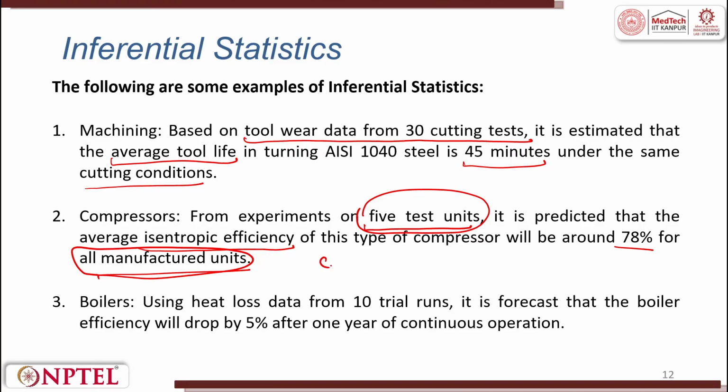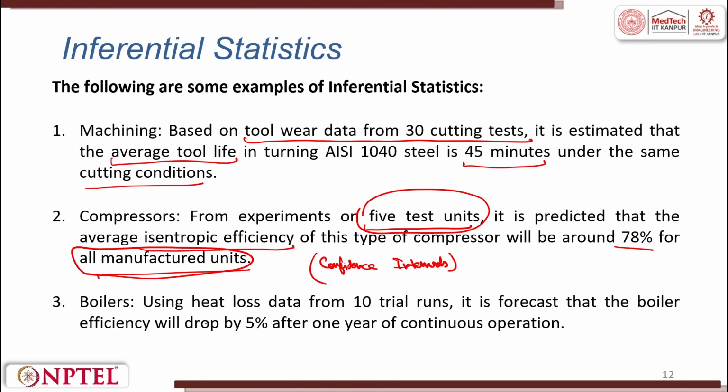When a small sample gives a similar kind of results for a specific confidence, we call it confidence intervals, that we will talk about. They say 78% for all manufacturing units. This is the isentropic efficiency that would be there. So, this is known as sampling, that also we will talk about.